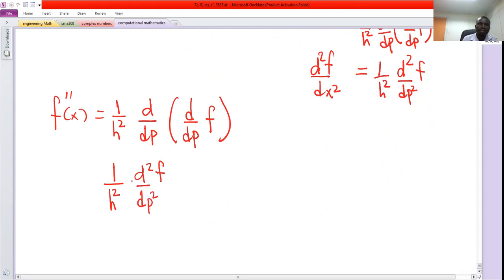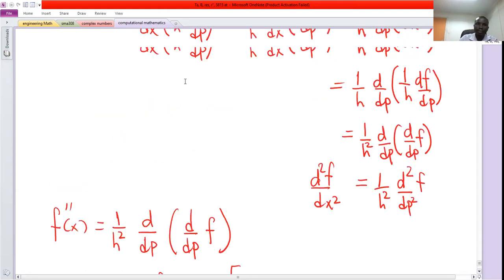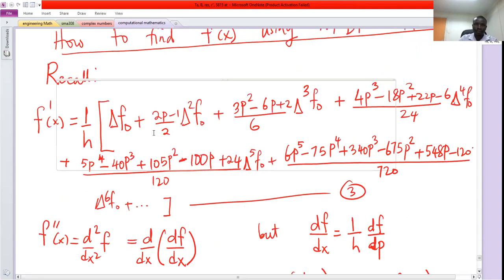So the second derivative is 1 over h squared, and then we differentiate the first derivative with respect to p, because you get the second derivative by differentiating the first derivative. So differentiating this formula 3 here.